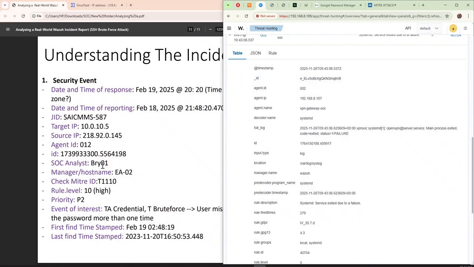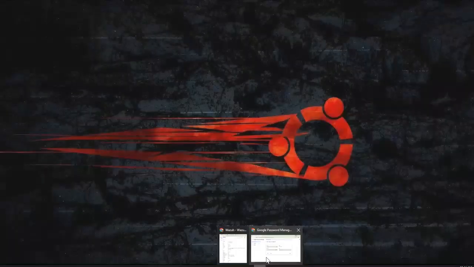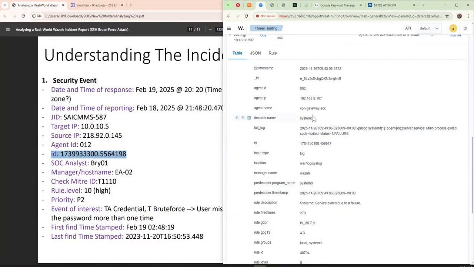This underscore ID is different from this ID here, because if you look at the Wazuh ID here, the numbers are always long. This one, I don't know which parameter it is. So what else can we find here?